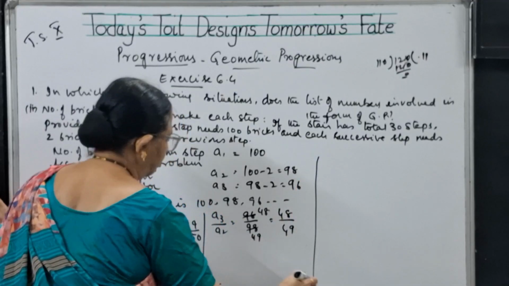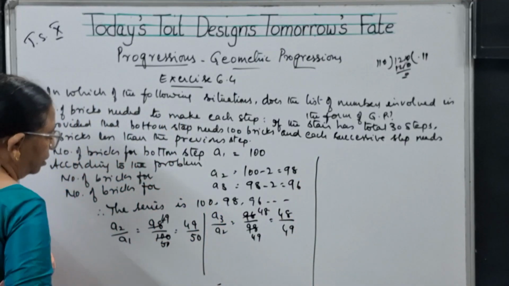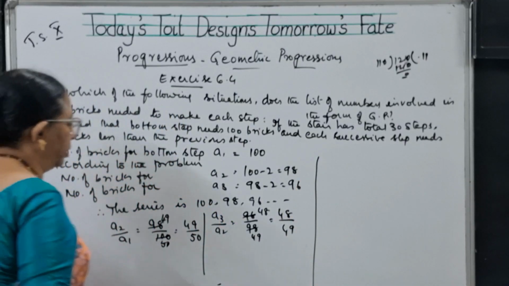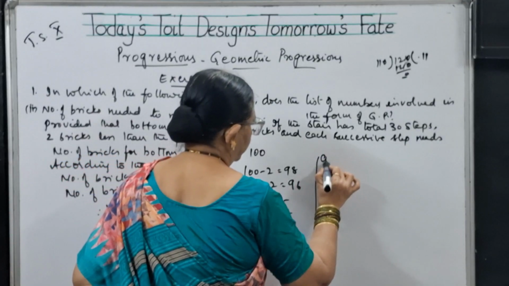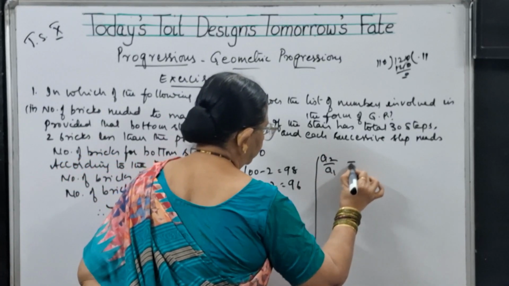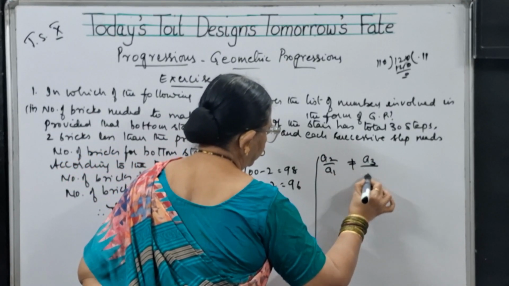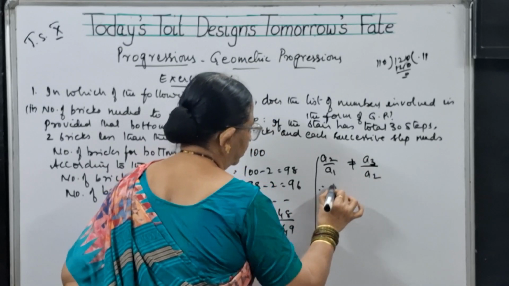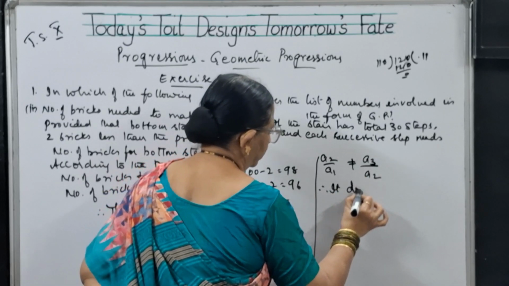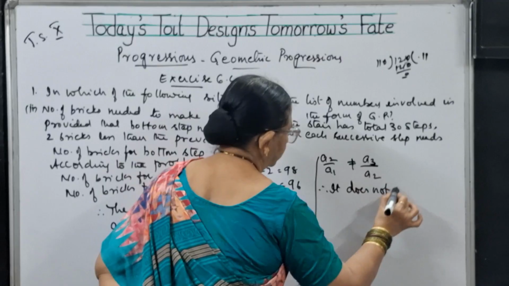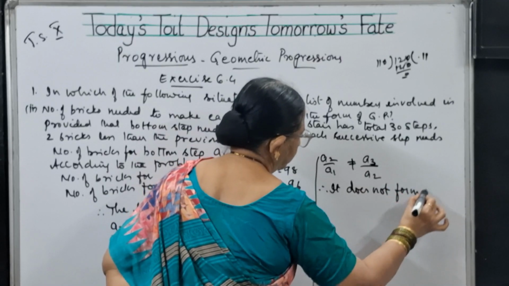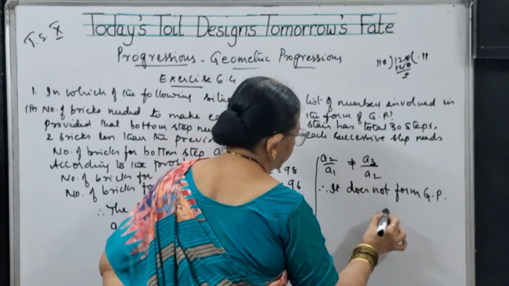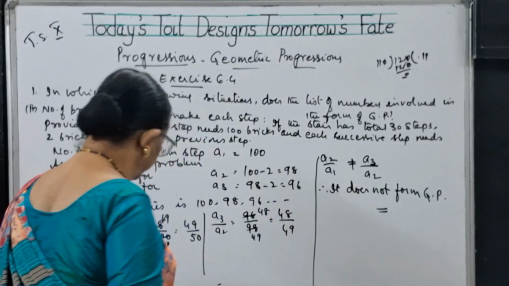So in this case, what are you getting, children? A2 by A1 is not equal to A3 by A2. Therefore, it does not form a GP. This is the answer for this bit, children.